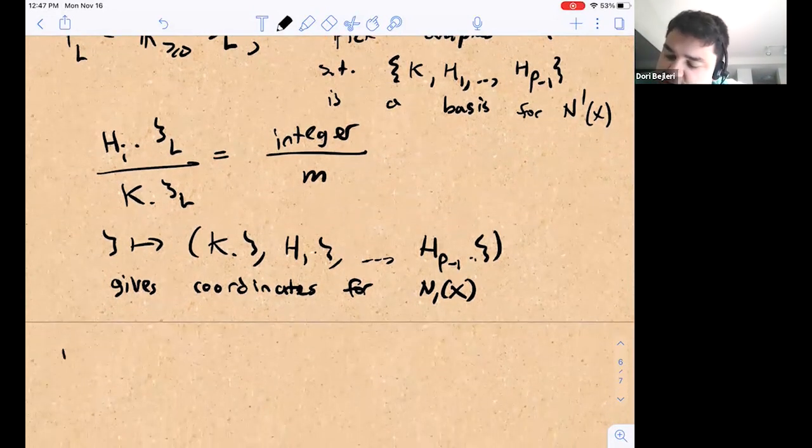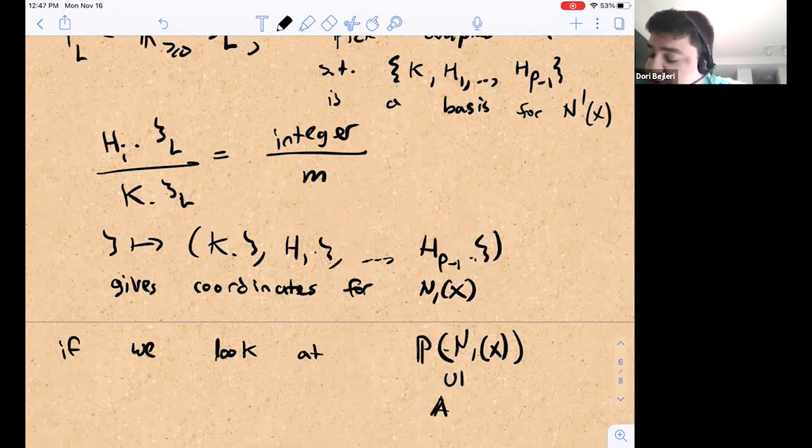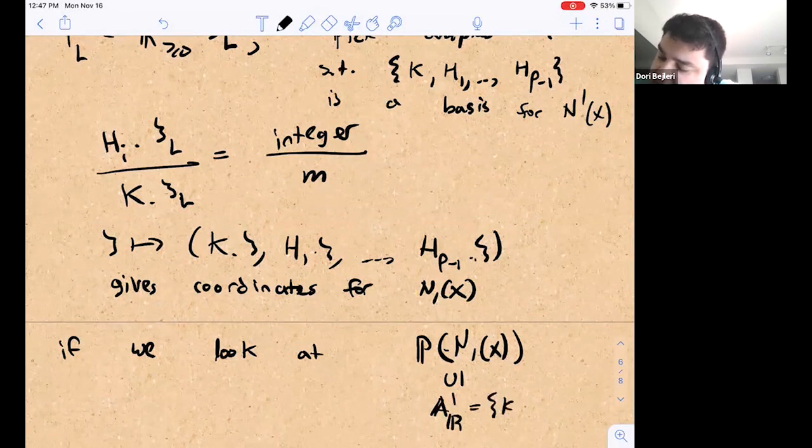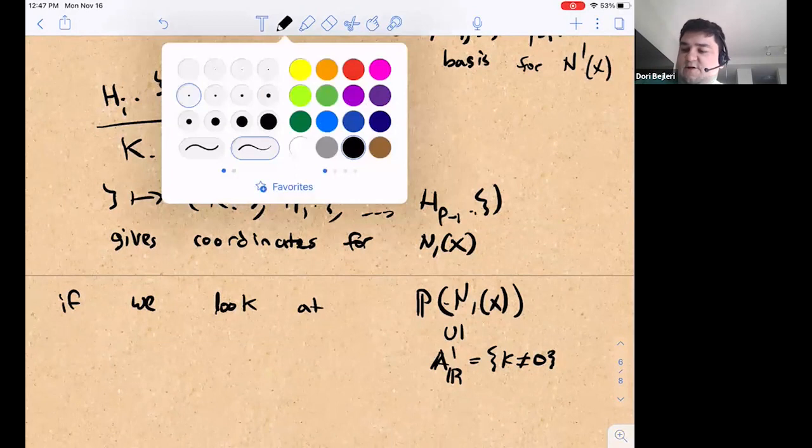So if we look at the projectivization of N_1 of X, and we look at the open affine subset, and this is all happening over the real numbers, by the way, I think these are just Euclidean spaces. So we look at the open affine subset defined by K not equal to 0. Then these ratios give us coordinates for this open affine.